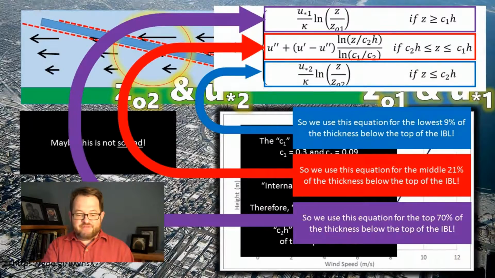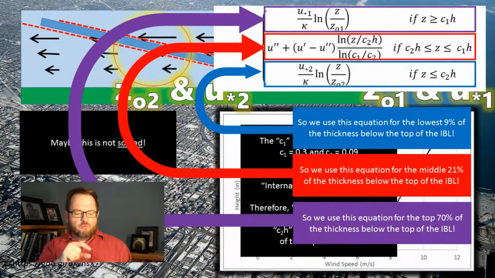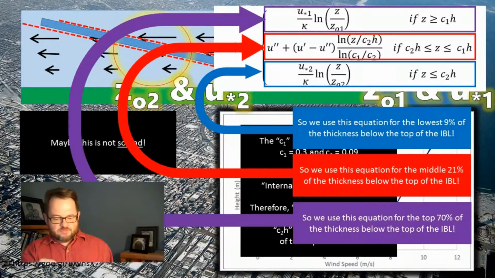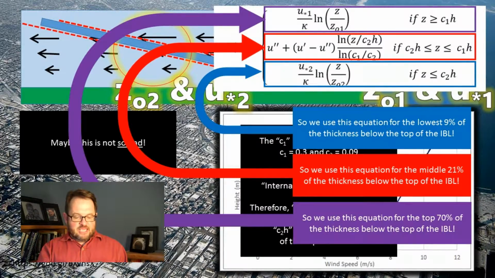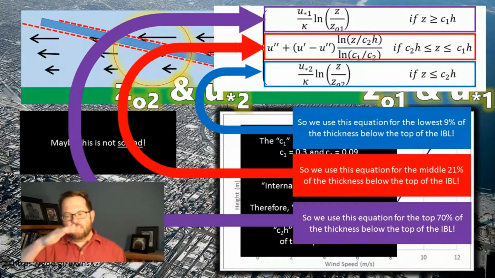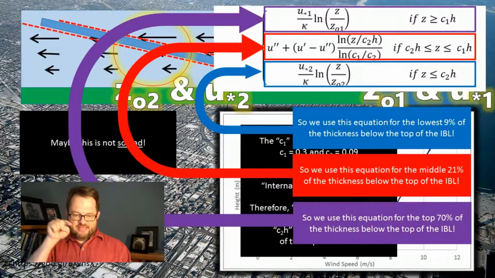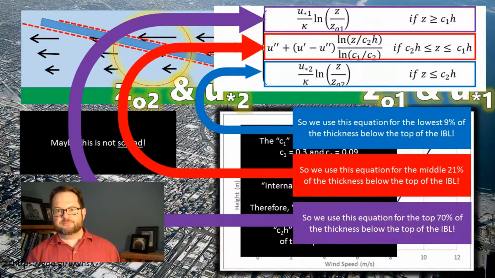Effectively, we have now divided this equation up into three regimes where we're going to be applying three different forms of the equation right here. The purple one at the top is the one we're going to use for heights greater than 30% of H. In other words, the top 70% of the internal boundary layer gets that equation in the purple box.